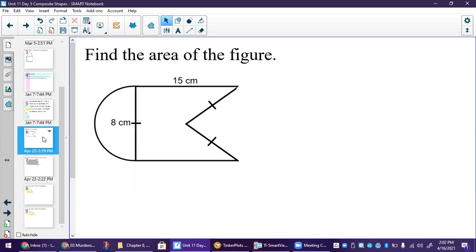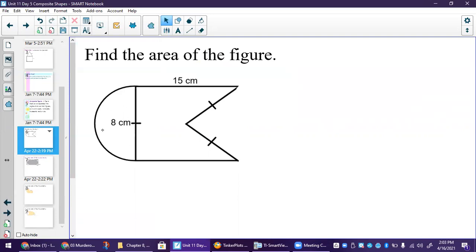First example here, find the area of the figure. Our first task with these is to figure out how we can break up each of these shapes. We want to decide what is going to be the easiest way to break it up. You can see part of it is already broken up.